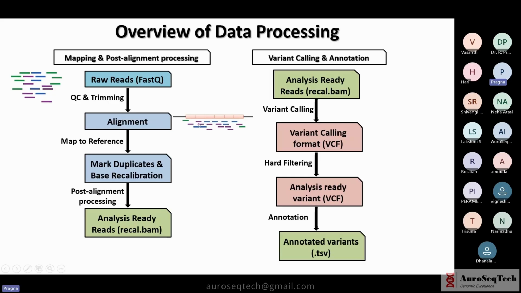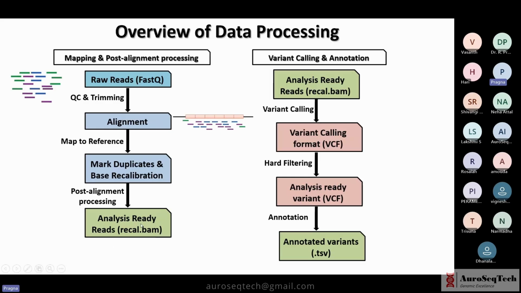Marking these duplicated reads is essential. So the next step is we mark the duplicate reads, and also do base recalibration. What is base recalibration? Initially we get a quality score assigned to each base in the read, and that has to be recalibrated. I will explain the reason. Then once this is done, we get a BAM file.